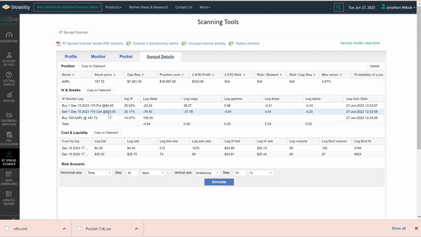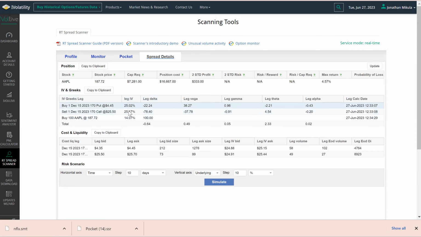The way the profit works is 25.50 minus 4.45, minus the cost of buying Apple versus the 170 minus 2772, and that equals the net premium amount, which divides into the position cost. That's why you don't really care where Apple goes, because you have the ability to buy it or sell it at the same point in time for the same strike price.